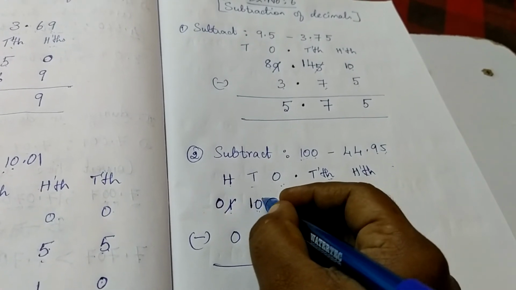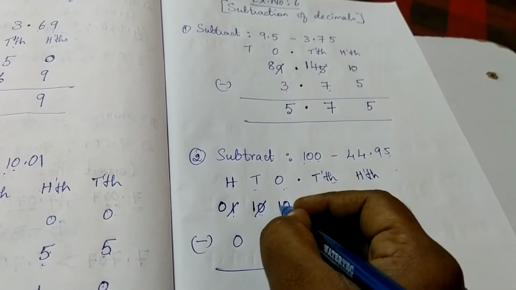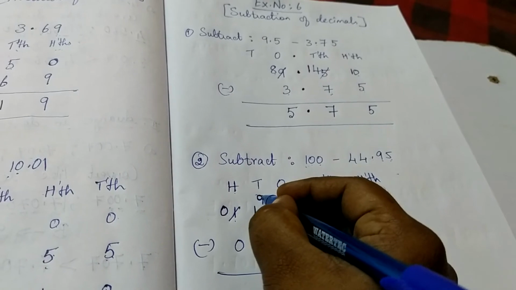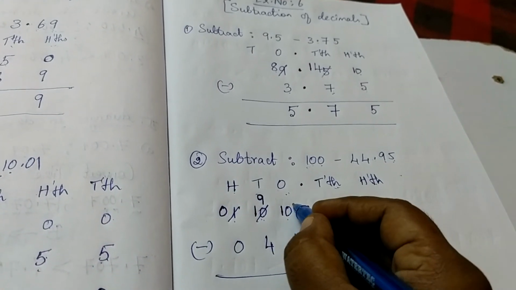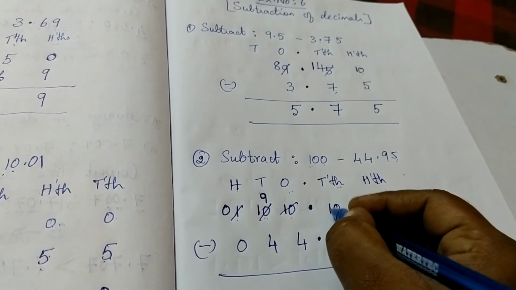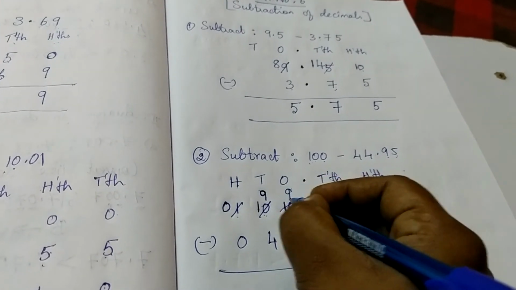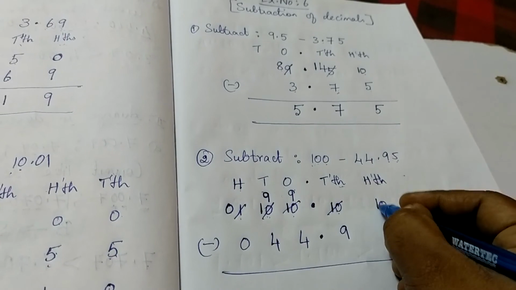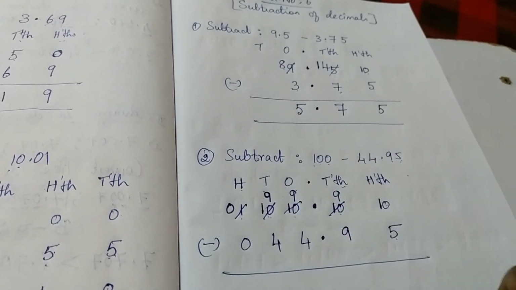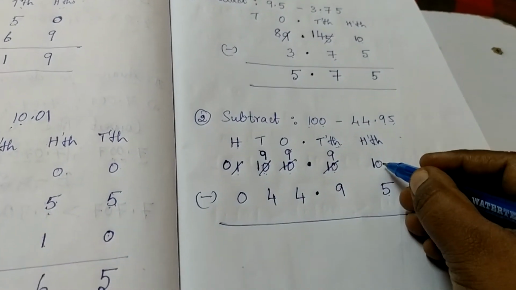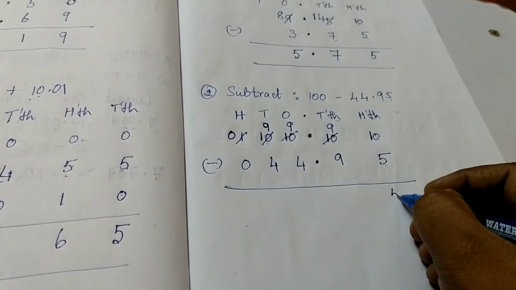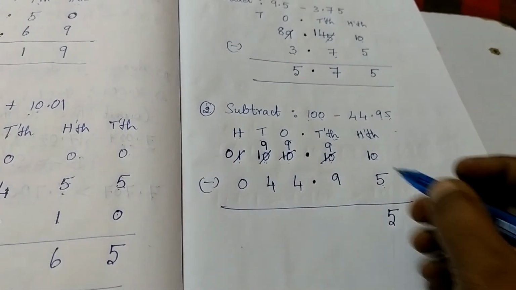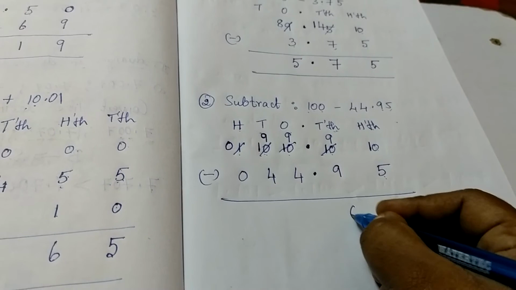From this 10 I am going to borrow 1 and it will become 9. Again from this 10, 1 is borrowed and it will become 9. Again this 10 is borrowed 1 and becomes 9. So this 10 minus 5, now 5 will be the balance. 9 minus 9, 0.